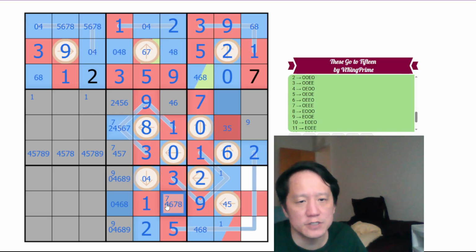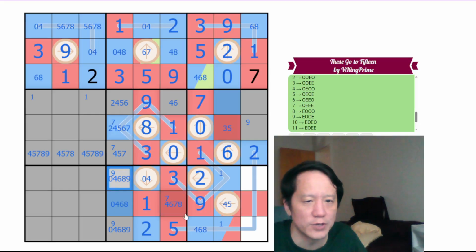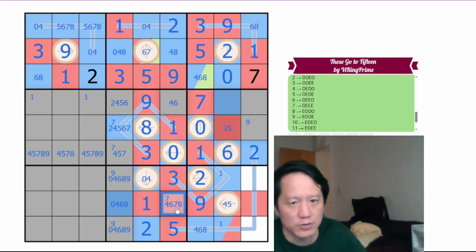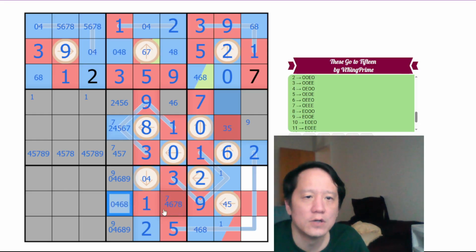We are guaranteed that 9 has to be one of these, and 7 has to be one of these. So it cannot be two odds in that box adding up to a Schrodinger. Okay. 2 can't be here.